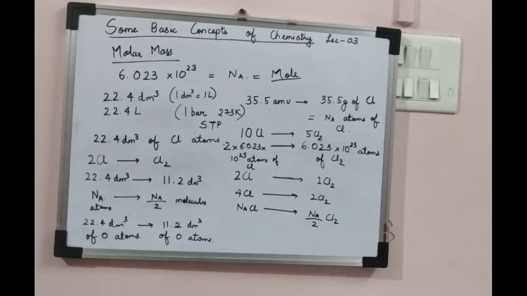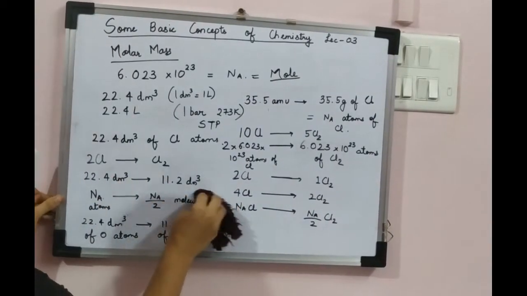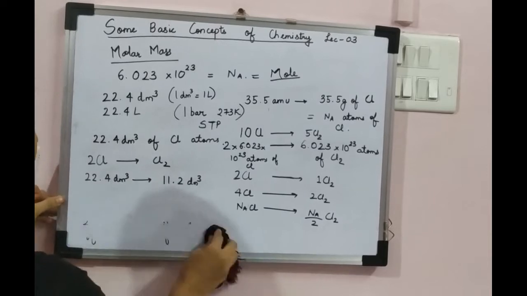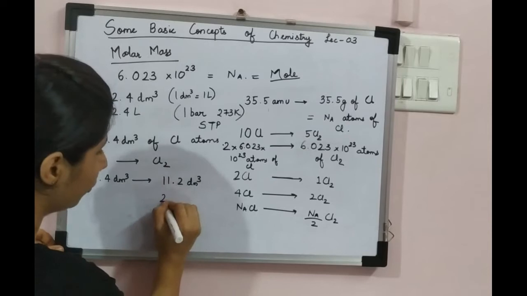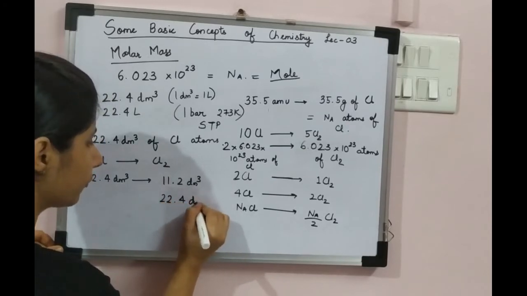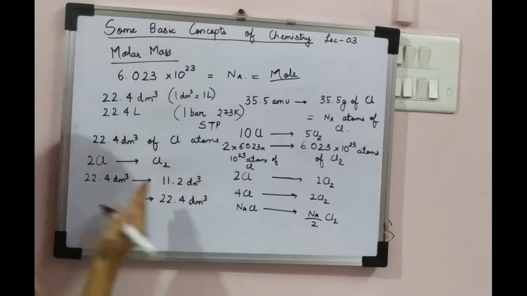And with respect to volume, now I don't want 11.2 decimeter cube. What I want is 22.4 decimeter cube of chlorine molecules. For that, this will become double.